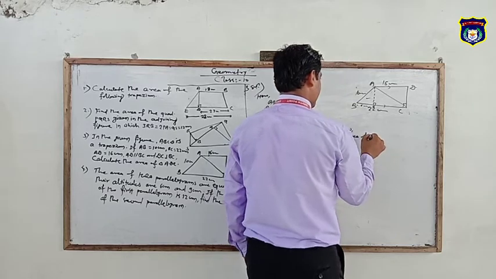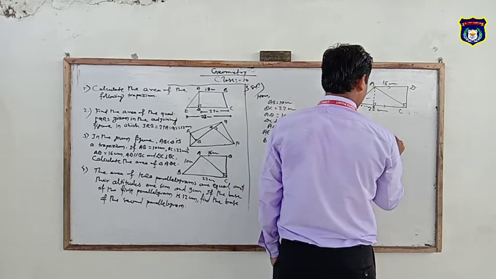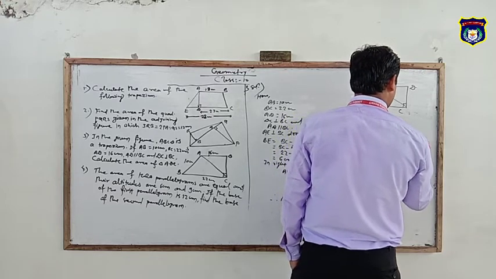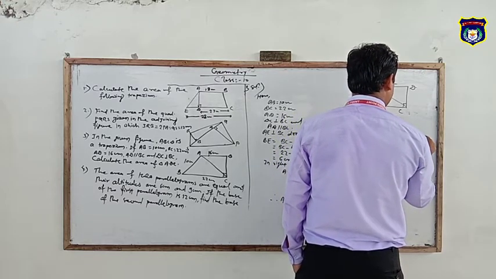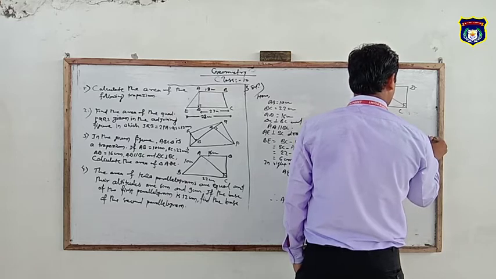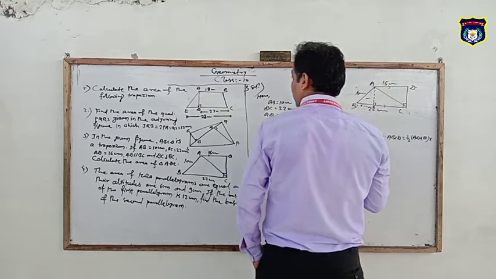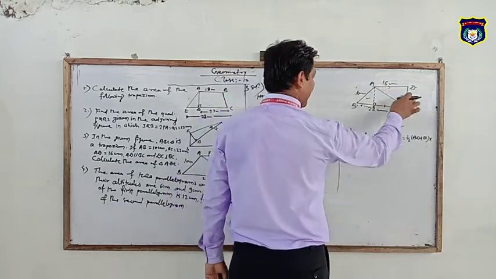Now, area of trapezium ABCD equal to 1 by 2 sum of parallel lengths, that means AD plus BC, and height is DC. But we have to find triangle ACD area.